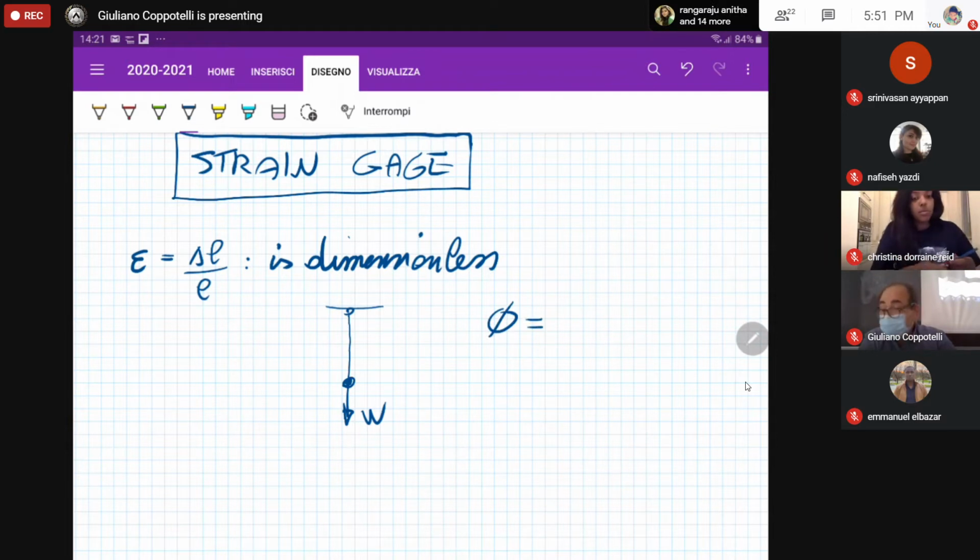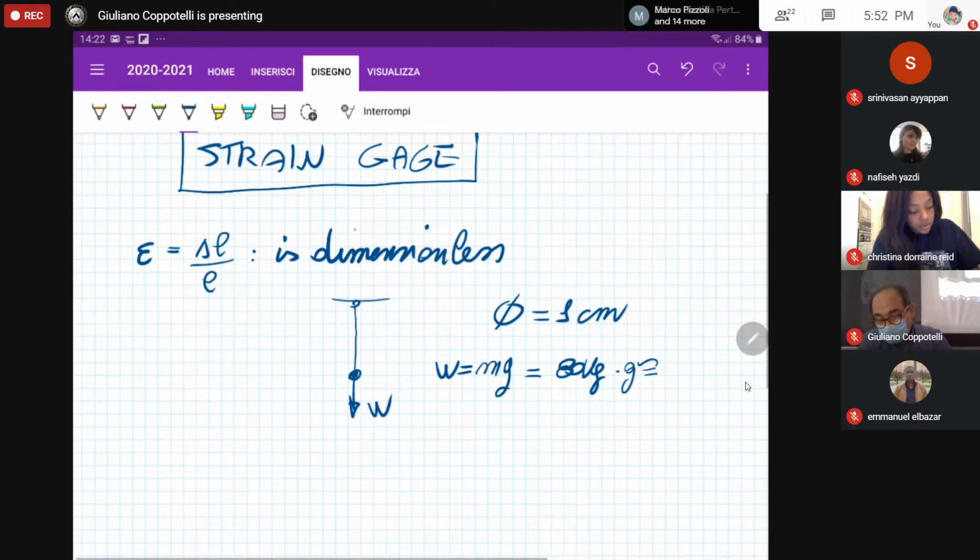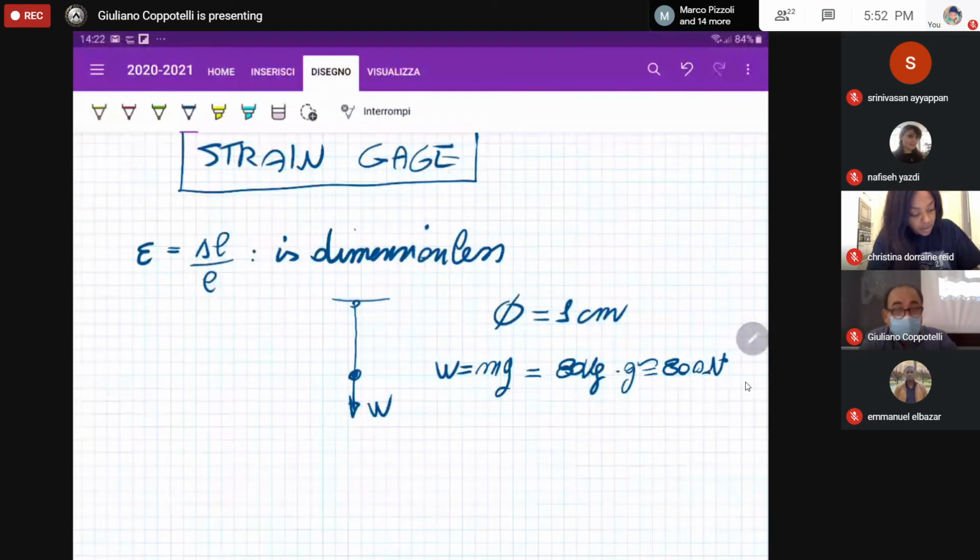Diameter is 1 centimeter. And let's say I am hanging on this toy, so that, for example, the weight is about 80 kilograms times g, so about 800 newtons. More or less, doesn't matter.